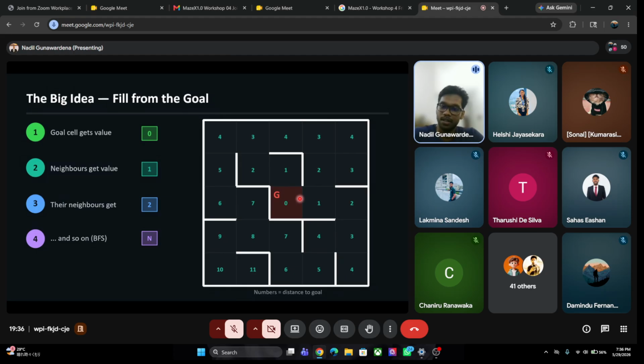Let's just assume that this is like a tank that can hold water, and assume that we are pouring water to this cell, the goal cell. When filling water, the flood fill means how the water flows away from this goal.